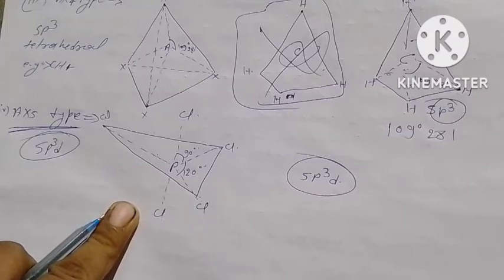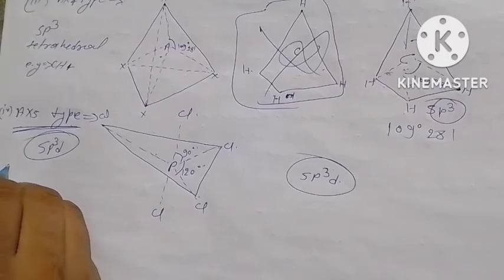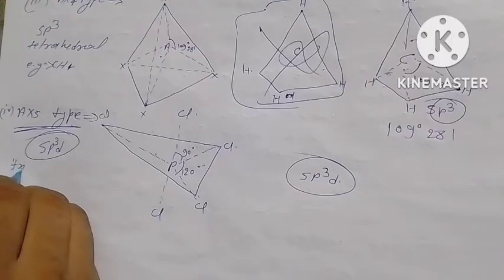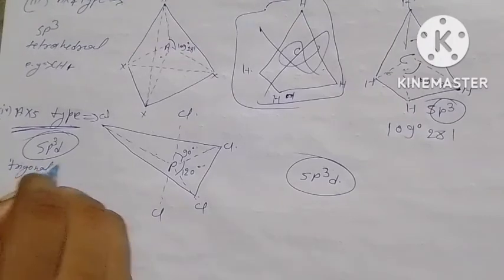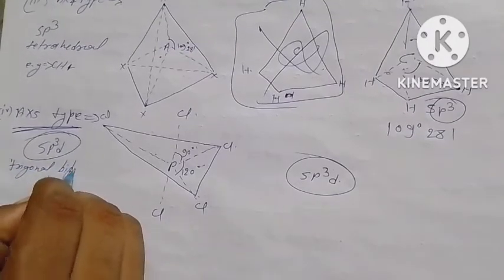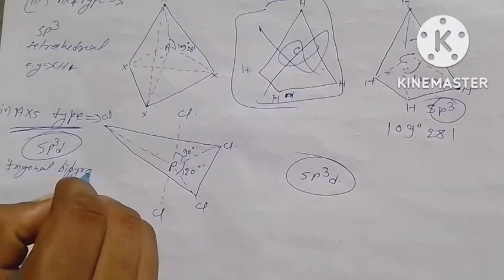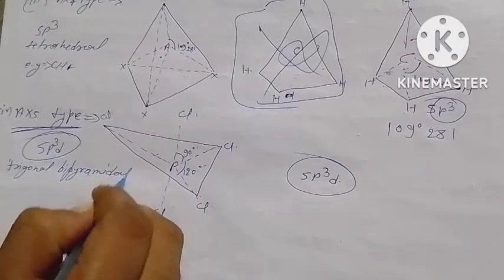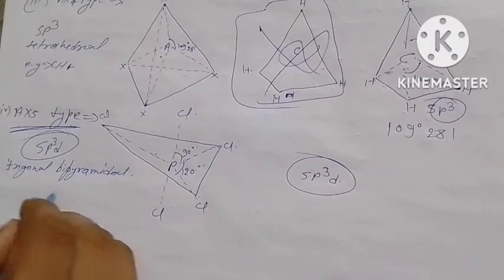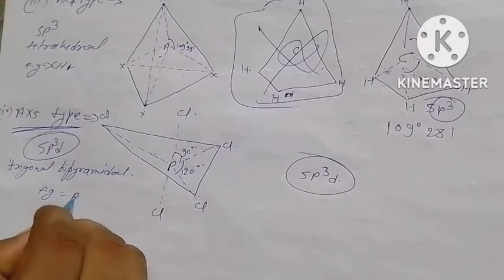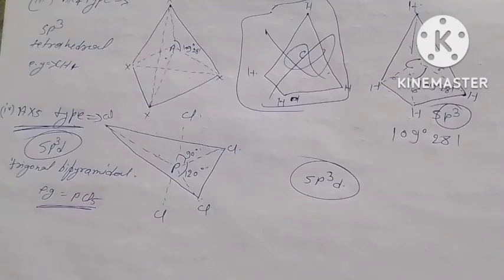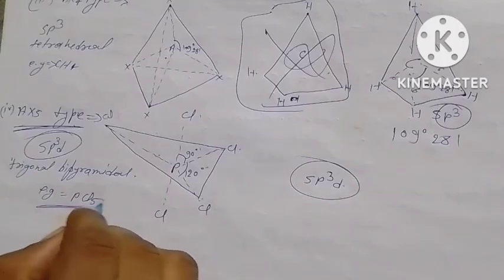The structure and shape both are trigonal bipyramidal. Examples: PCl5, PF5.